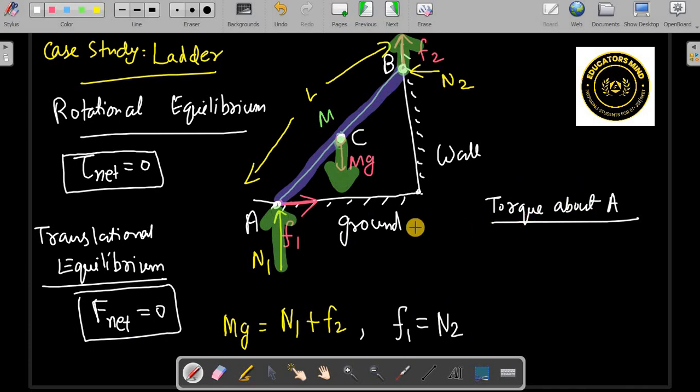Now balance torque about A. Torque about A: the forces N1 and F1 pass through that point, so they will not create any torque. Torque is only due to mg, N2 and F2. Mg is acting like this, N2 is acting like this, and F2 is acting like this.